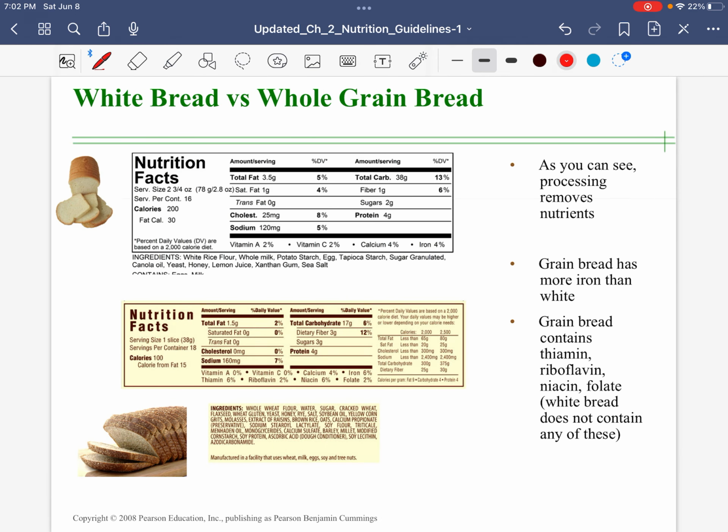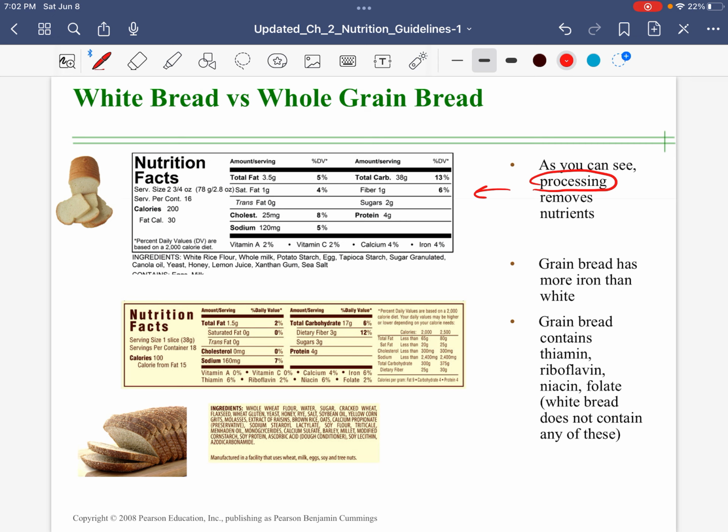So I gave you some examples. Again, these are old nutrition labels, but we can see a white grain product at the top and a whole grain product at the bottom. White grains are processed, and in processing, they add some chemicals to increase shelf life, but it also removes nutrients.